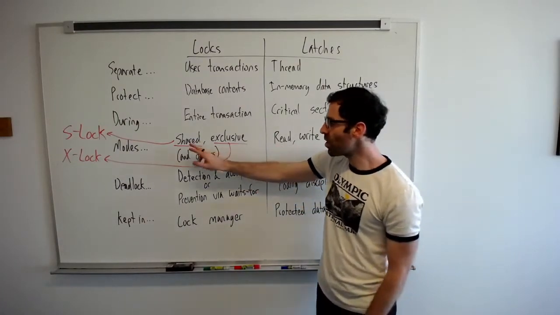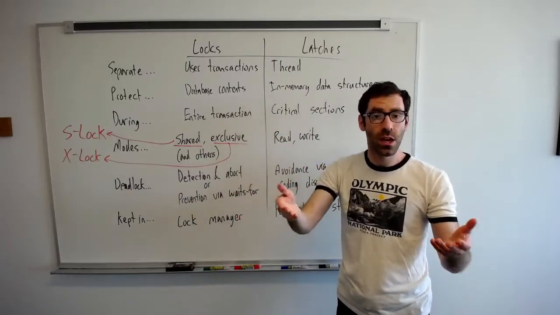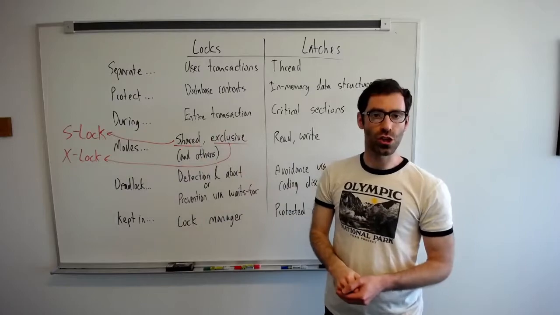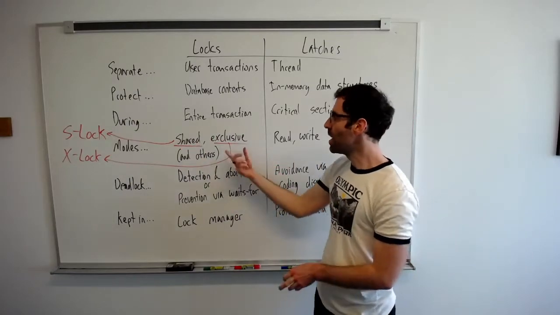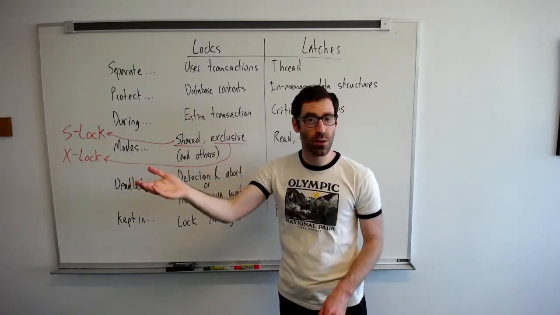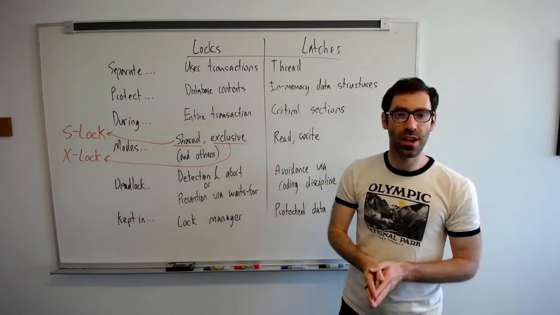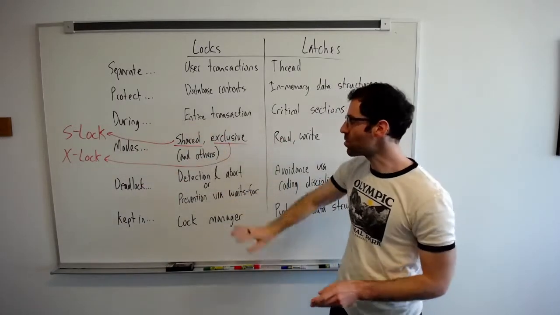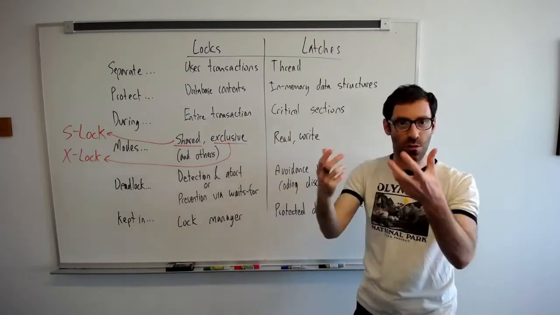Shared allows a transaction to read some data. Any number of transactions can all hold the shared lock on the resource. The exclusive lock allows a transaction to modify a resource. Only one transaction can hold an exclusive lock, and no shared lock, so only that transaction can access that resource.